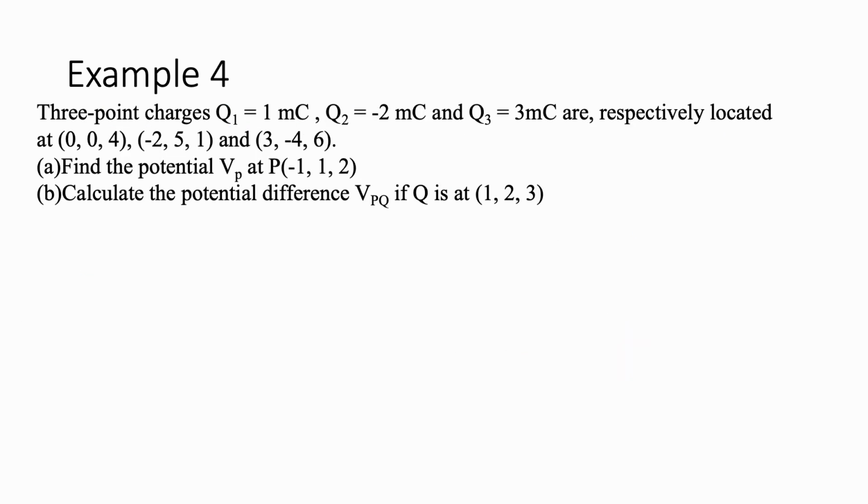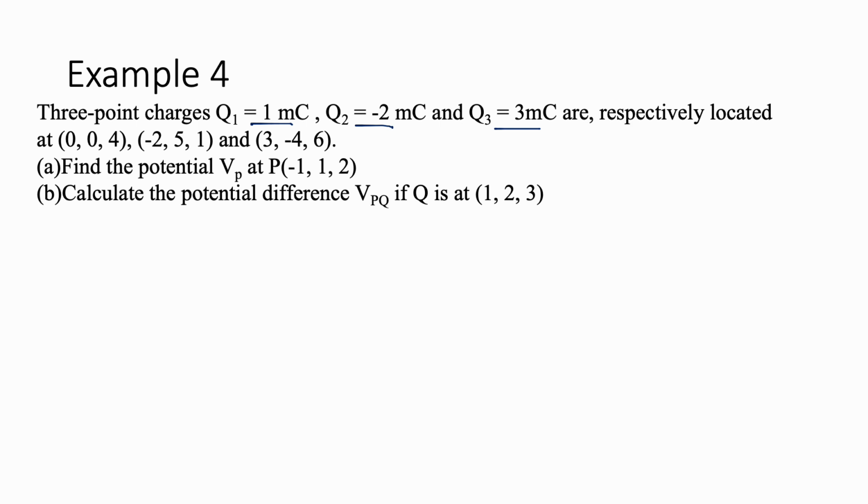So this is your answer. Let's proceed to another example, which is example number 4. There are 3 point charges. Q1 is equal to 1 millicoulomb, Q2 is given as negative 2 millicoulomb, and Q3 is given as 3 millicoulomb. They are respectively located at (0, 0, 4), (-2, 5, 1), and (3, -4, 6).